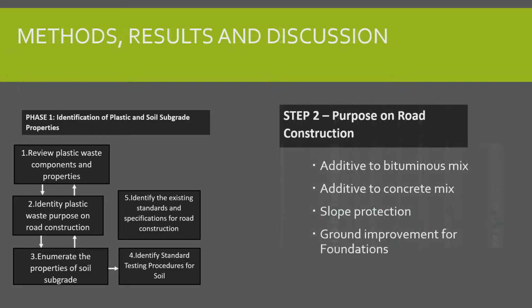The second stage is to identify plastic waste purpose in road construction. Based on the related literature, the purposes of plastic in road construction are as an additive to bituminous mix, an additive to concrete mix, slope protection, and ground improvement for foundation.